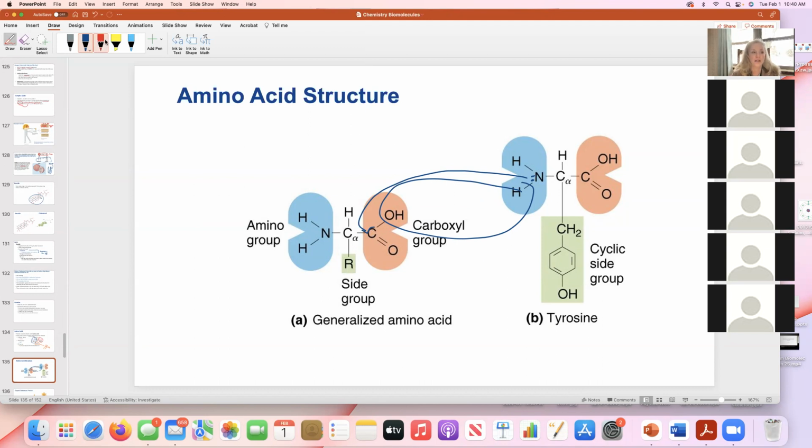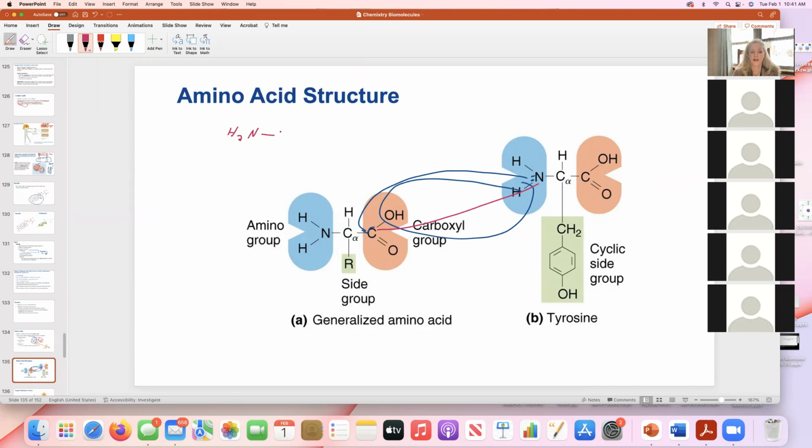And what it'll do then is form a peptide bond between the nitrogen and the carbon, so that you would end up seeing, you have this NH2 out here.